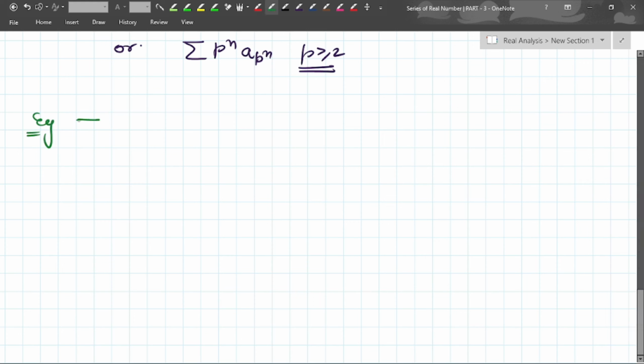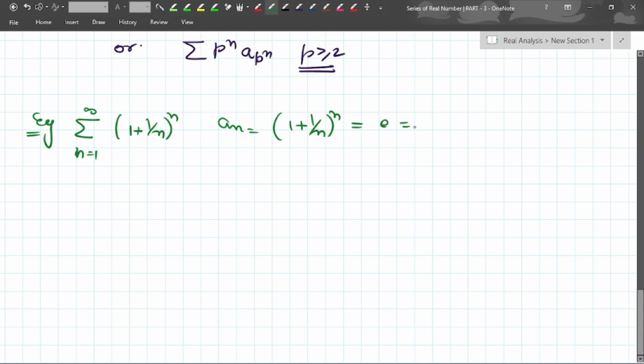So first, let this be one of the series, n equals 1 to infinity, 1 plus 1 by n power n. Now what is this? What is your an? That is nothing but 1 plus 1 by n power n. And what is this? It is simple. It is nothing but L, sorry, it is going to be e.